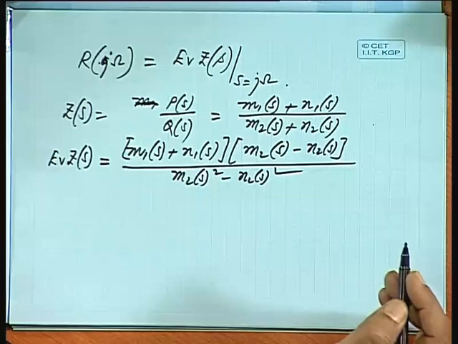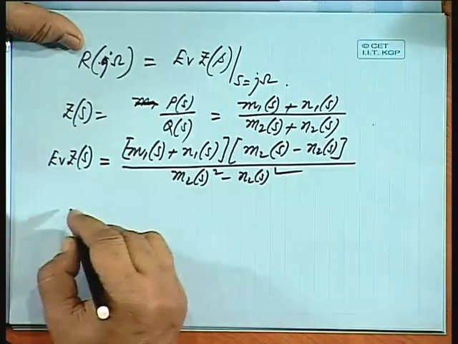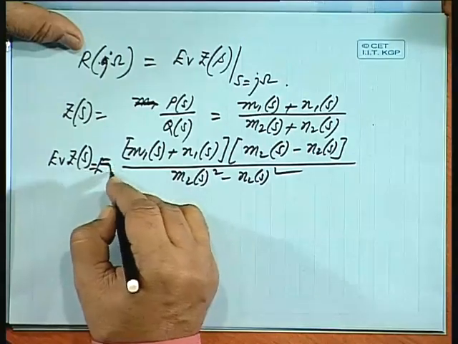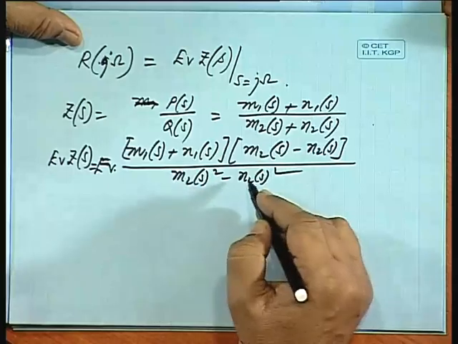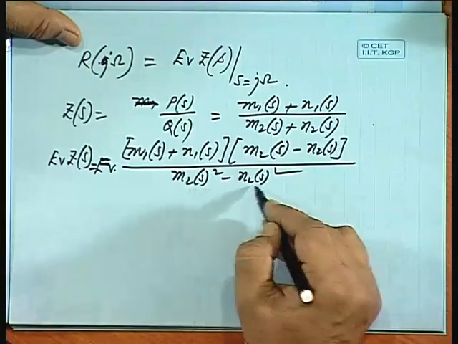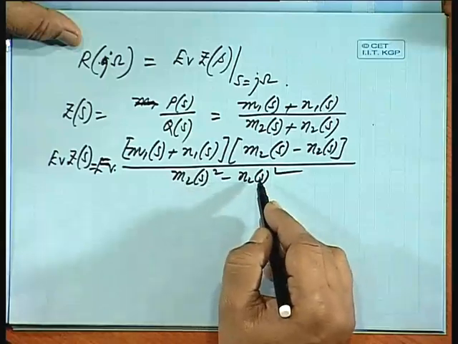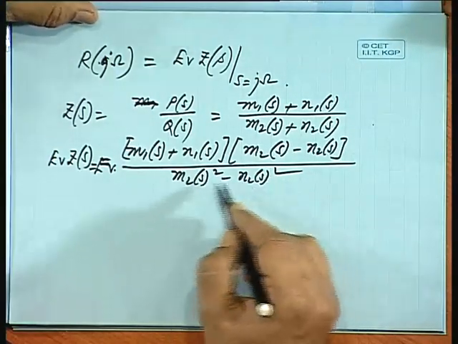Okay. So, even Z(s) will be the even part of this function. The denominator has been converted into an even function. See, M2 squared minus N2 squared is an even function, because N2 is an odd function, its square is an even function. So, the denominator is an even function.